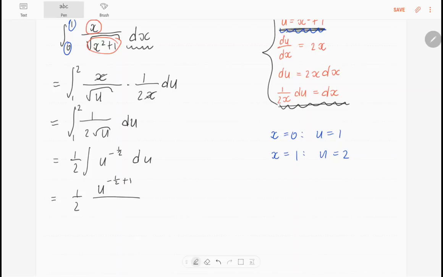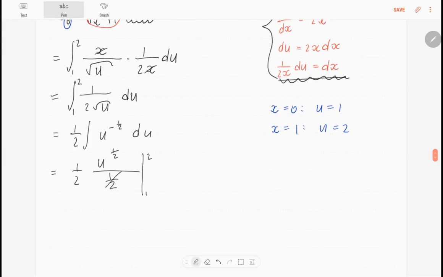So it's going to be minus a half plus 1, which is just a half. So just going to write that like that. And it's between the bounds 1 and 2. These two constants cancel, so I simply have the square root of u between 1 and 2, which gives me root 2 minus root 1. And that's the end of that one.